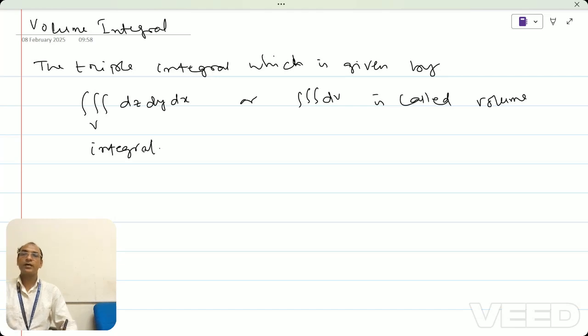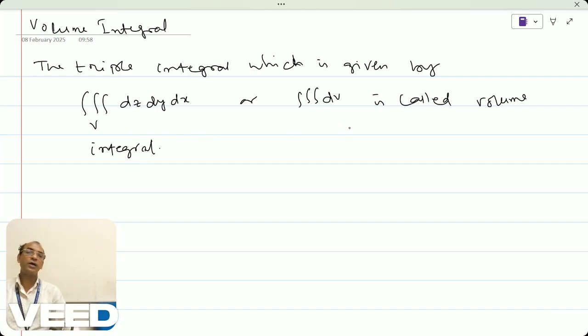Volume integral. Here you remember that in case of general triple integral, we have a function f to integrate. But in case of volume integral, the function will not be there. So only we will have dz, dy, dx. That is the basic difference between the volume integral and triple integral.